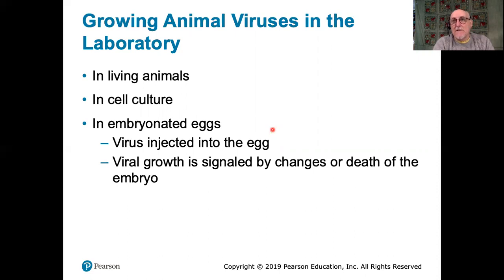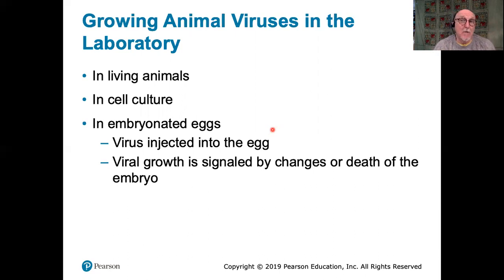But it is also possible to grow viruses in cell culture, providing that the cell culture you're using is within the viral host range. So that is another way to do it. And once these methods of cell culture had been developed from 1910 on, then viruses began to be cultured in cell culture as well, and they still are very much so today.